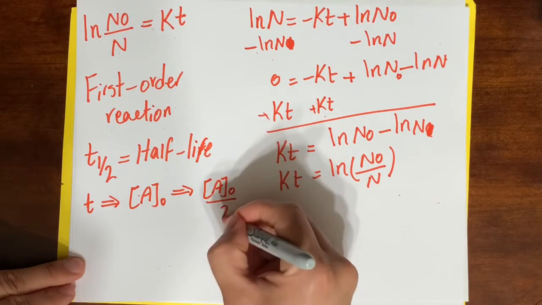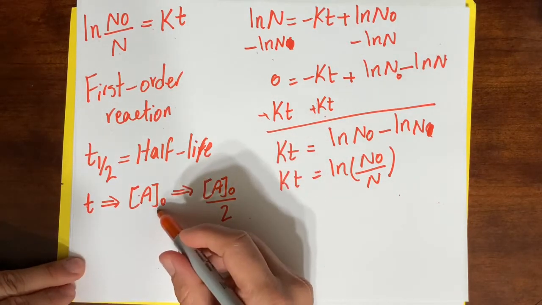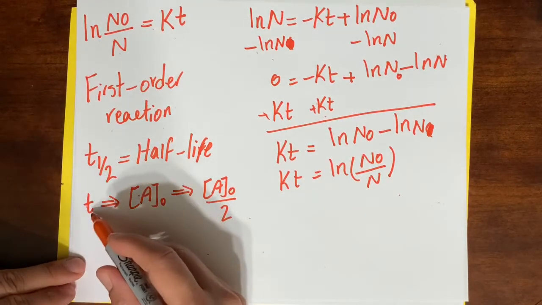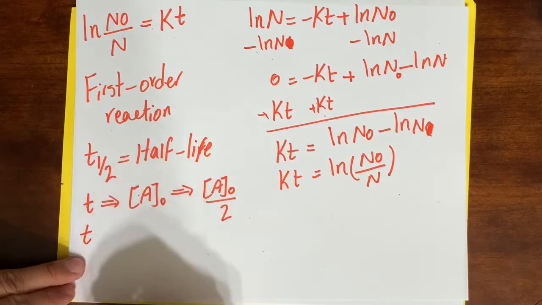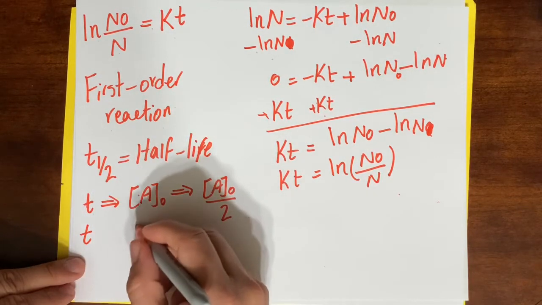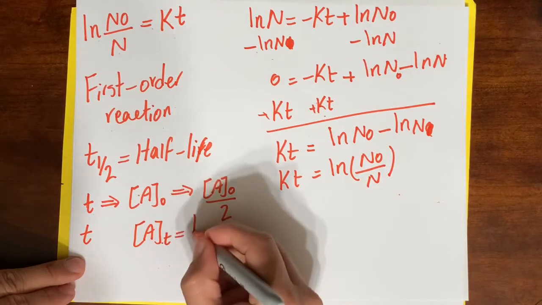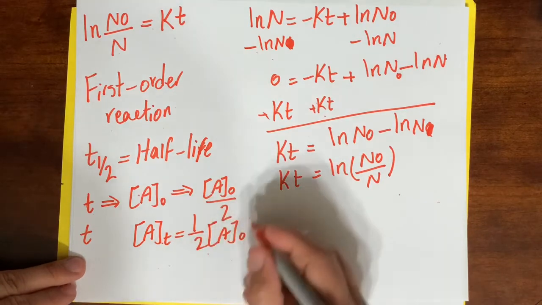Whatever you started with, it will be half at the end. So that means after this T, the concentration is going to be half of the initial concentration.